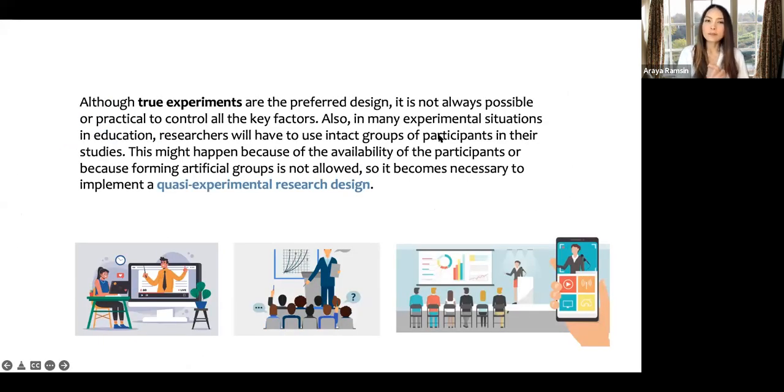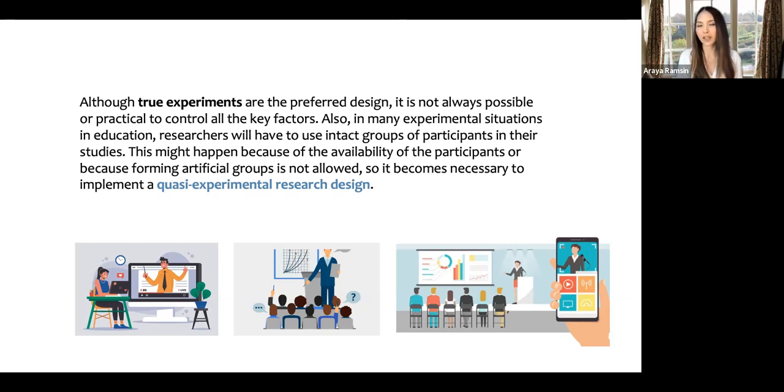Okay, so although true experiments are the preferred design, it is not always possible. Sometimes it's impossible or impractical to control all the key factors. And in many experimental situations, like in education, for example, researchers have to use intact groups, like a group of students in one class.